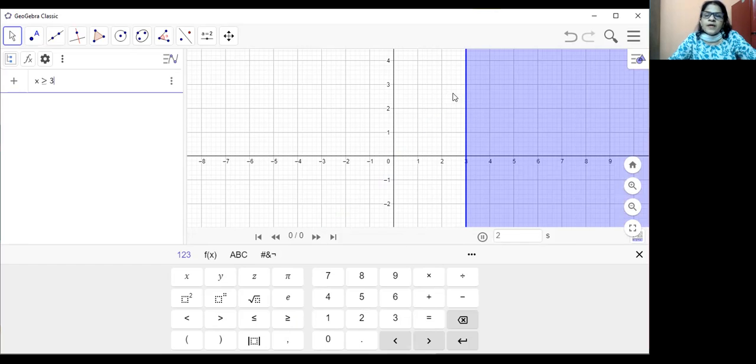Here you see x equal to 3, a line parallel to the y-axis, greater than 3 means to the right of 3. This is the shaded portion.